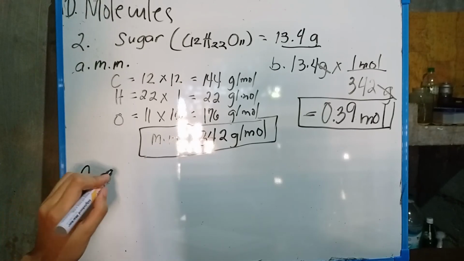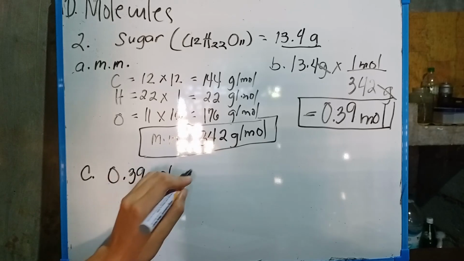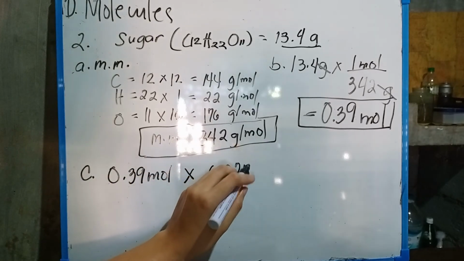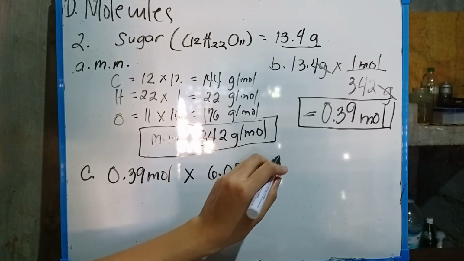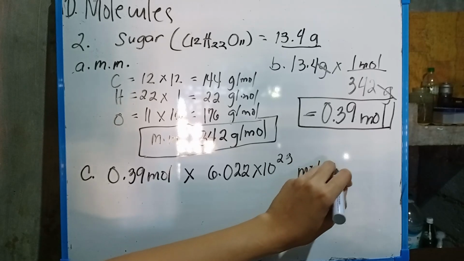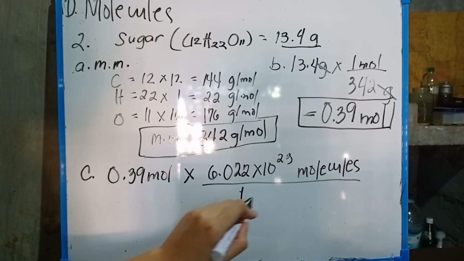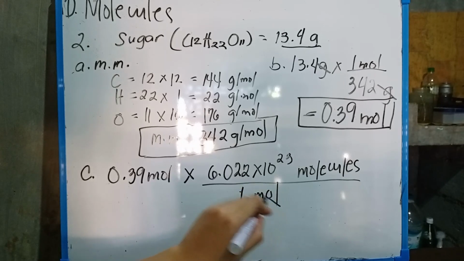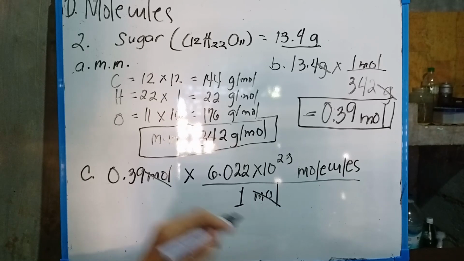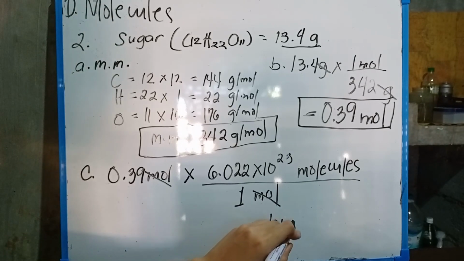So, 0.39 mole multiplied by 6.022 times 10 raised to 23 molecules over 1 mole. So, cancel out the mole. Mabili na to is our molecules. So, don't forget the unit, everyone.